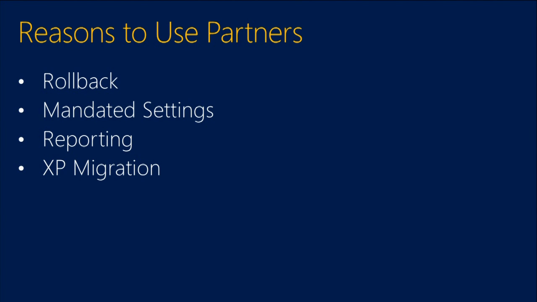Now, Alfred wants to show you something. Just before we get there, the important piece here is you have to ask the question, do I need any of these features? If you really sit back and look at your environment, evaluate what you have currently, do you really need to have some level of rollback? Do you need to have mandated settings?